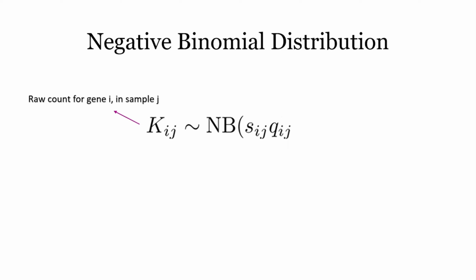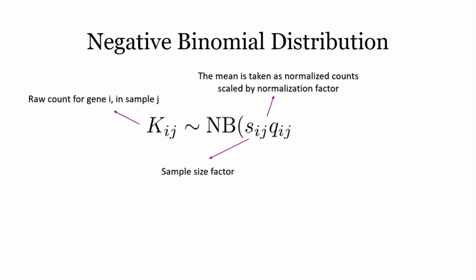Negative binomial distribution: Kij means the raw counts for gene i in sample j, NB is the negative binomial distribution, with mean sij qij, which is the normalized counts scaled by the normalization factor. sij is the sample size factor, and qij is the expected true concentration of fragments for sample j.